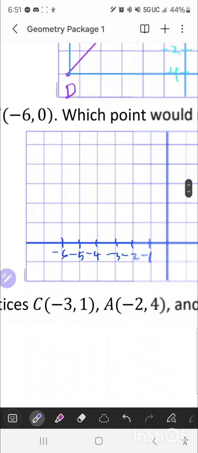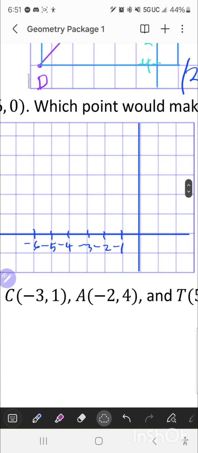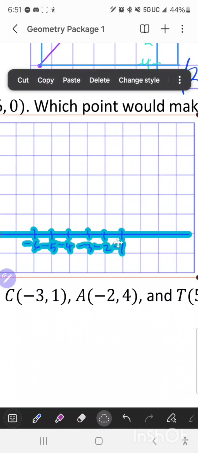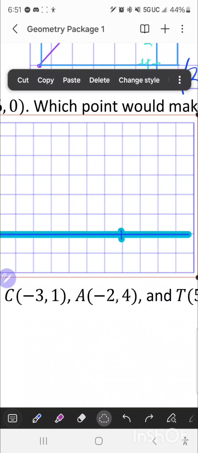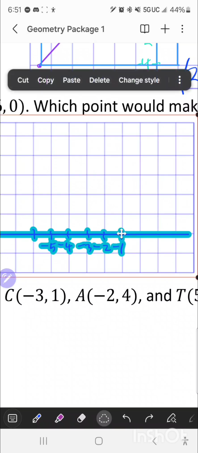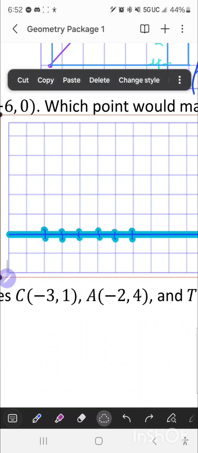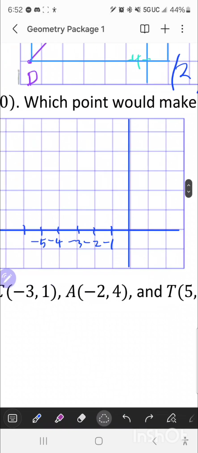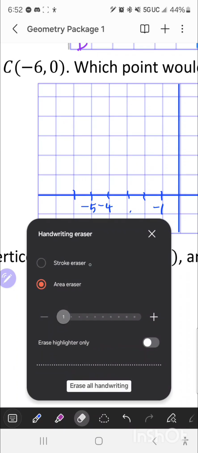Negative 5 comma. Oh, wait, I need to put this. 1, 2, 3, 4, 5. Then just make this up to the top. It's selecting the squares. I need to draw it again.